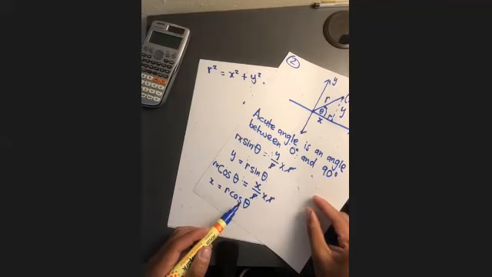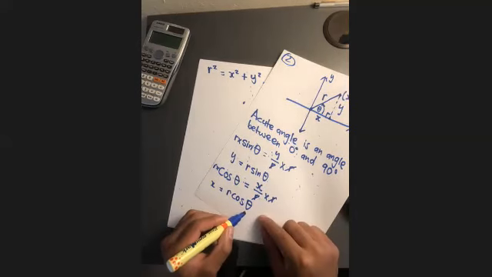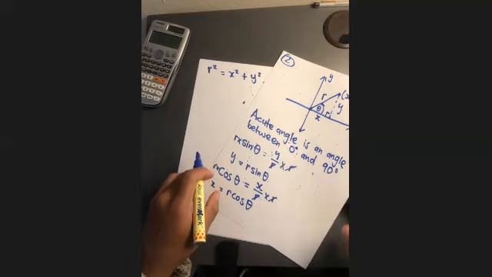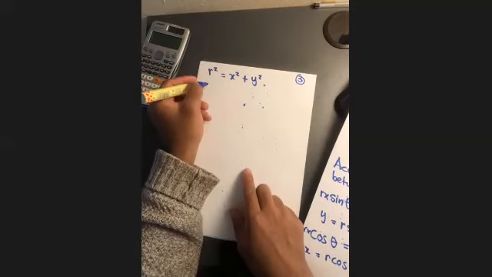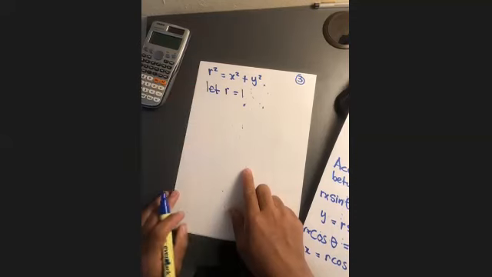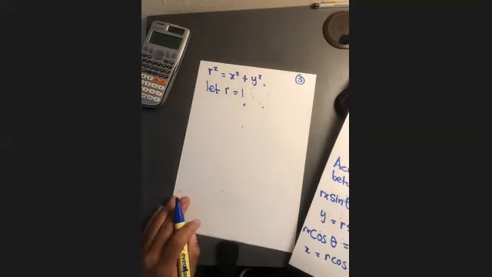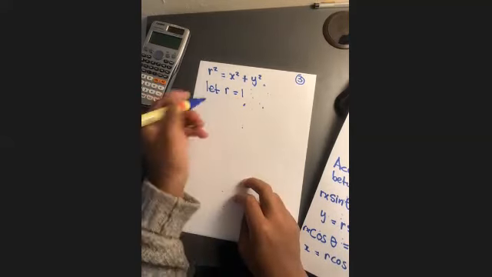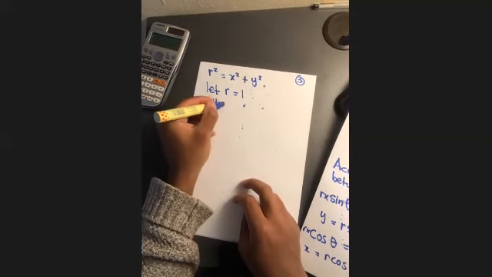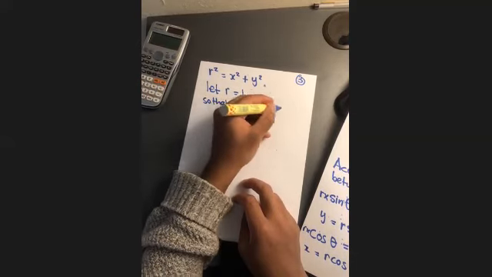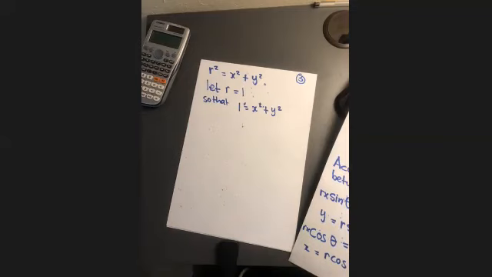Now the other thing I want to mention is that, just to make things easier for ourselves, we let r equal 1. So that 1 is equal to x squared plus y squared. So now we want to focus on the x components and the y components.